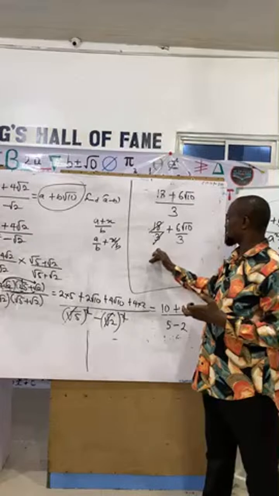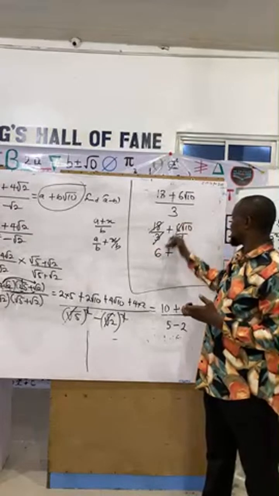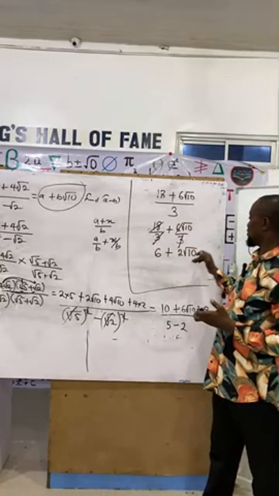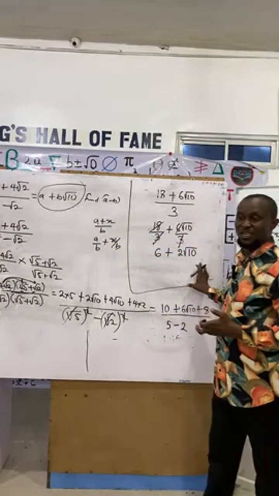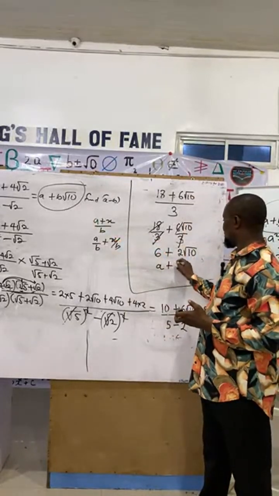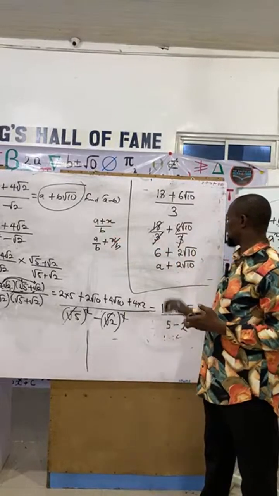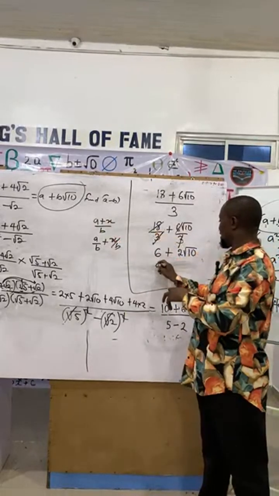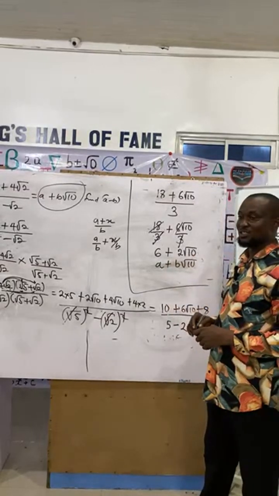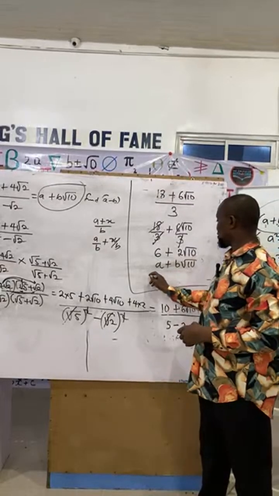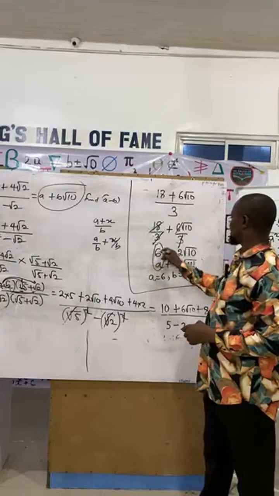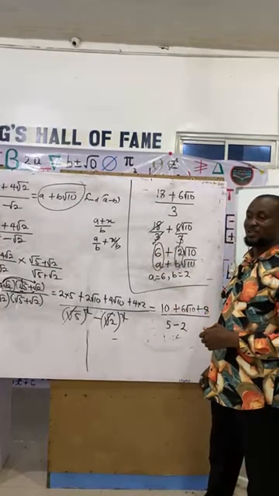And this cancels how many times? 2. 2 root 10. So you see, we are putting it in this form now. If you compare A plus B root 10 with this, A equals 6, and B equals 2. Have you seen that? Yes.